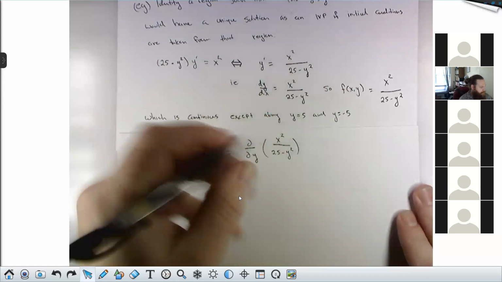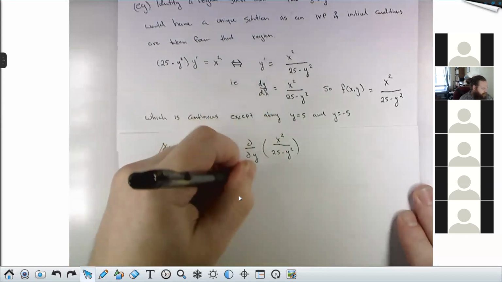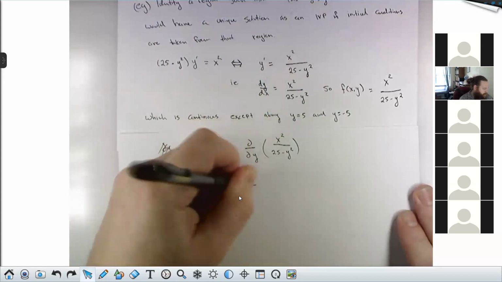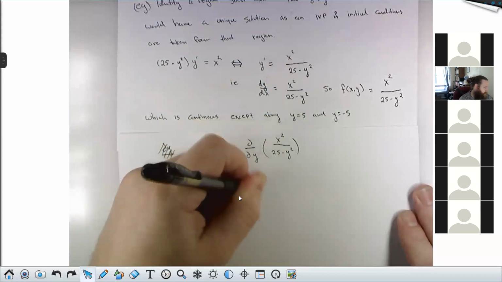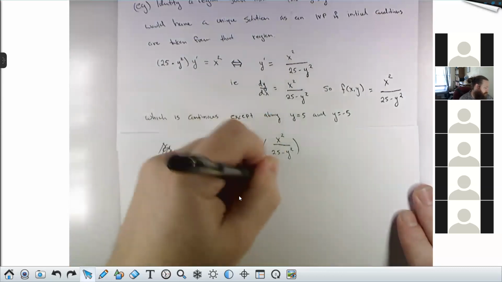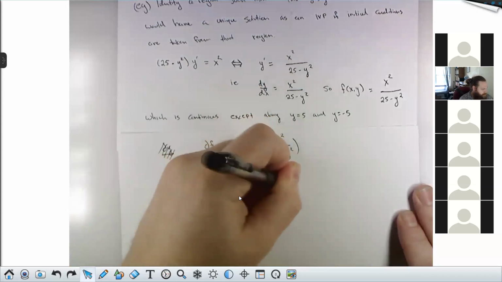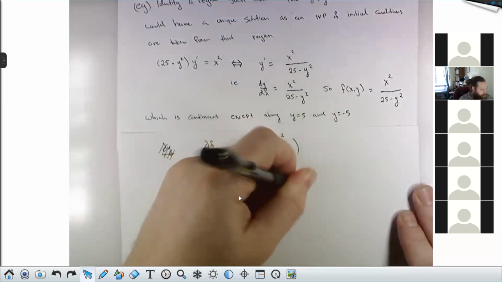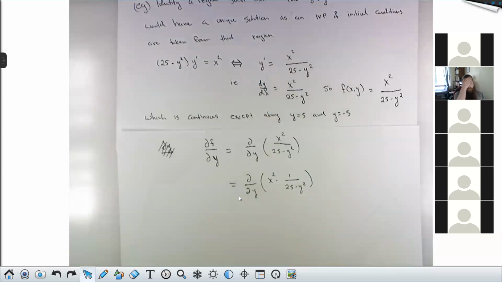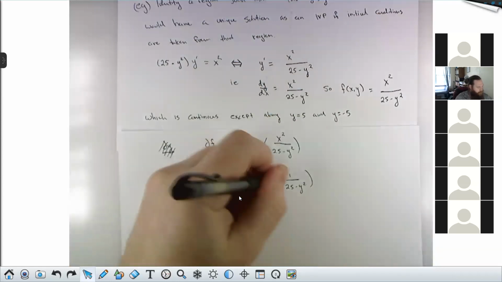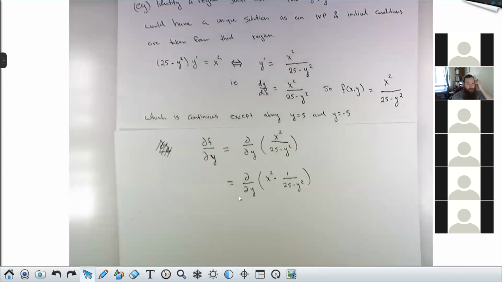It's like a constant multiple. Maybe I'll be really verbose about the algebra just to make sure everybody's comfortable. So this is x squared times 1 over 25 minus y squared. All right, that's how fractions work.